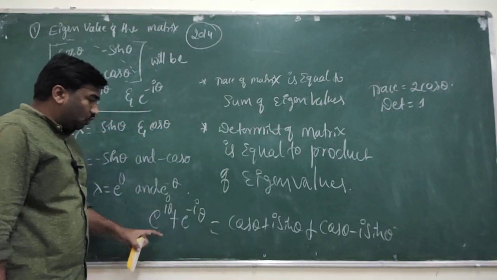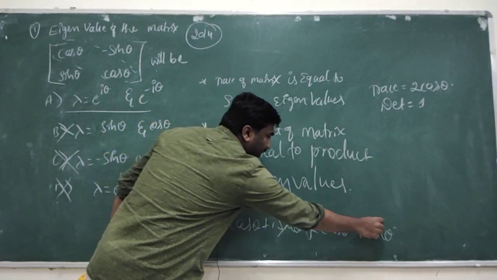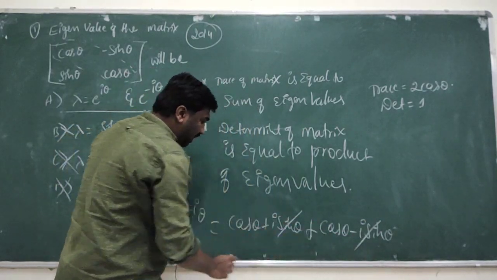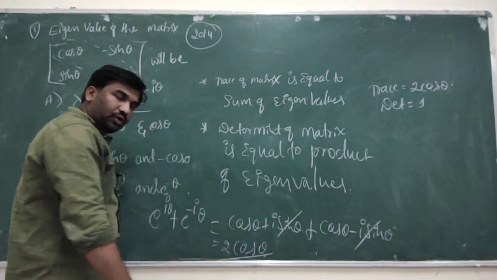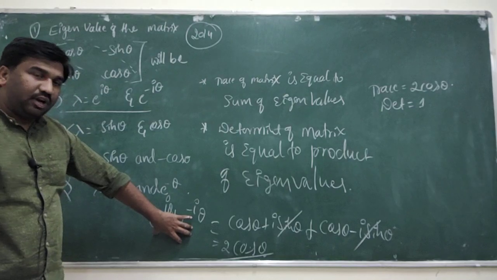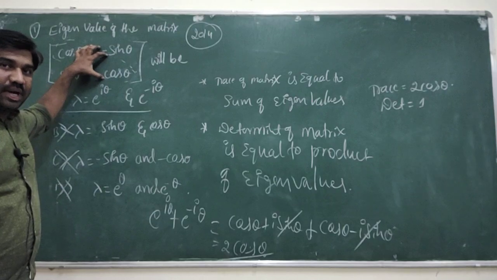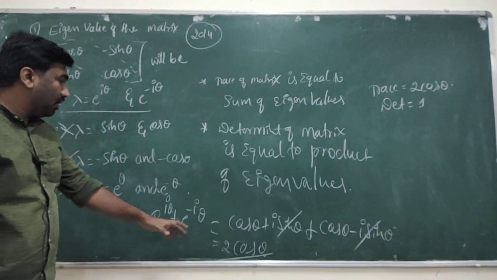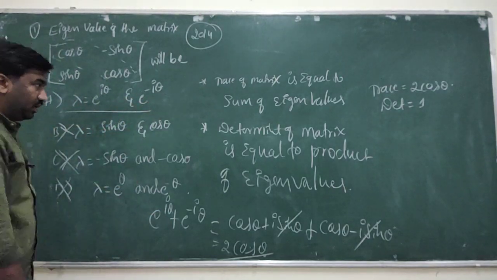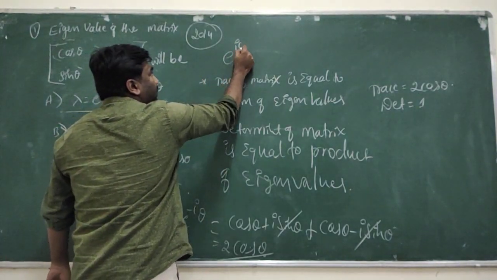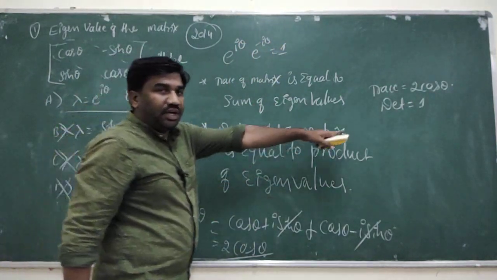If we add these two eigenvalues, plus i sin theta and minus i sin theta cancel, and cos theta plus cos theta is equal to 2 cos theta. So if we add the two eigenvalues, the result is the trace, 2 cos theta, the trace of the matrix. And if you multiply e power i theta and e power minus i theta, it is equal to 1, which gives the determinant.